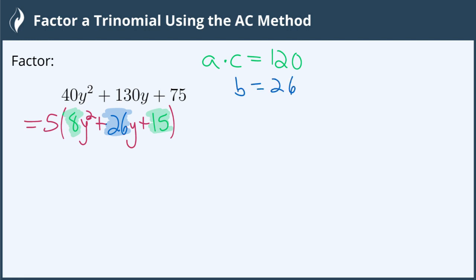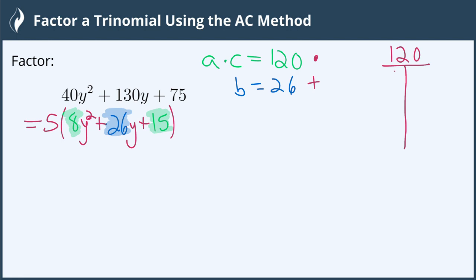Our goal with this method, which again is called the AC method because you found A times C, is to figure out two numbers that multiply to 120 and add to 26. Now, you may not immediately see two numbers that do that. If that's the case, that's totally normal. What we do is we make just a little chart of things that multiply to 120.